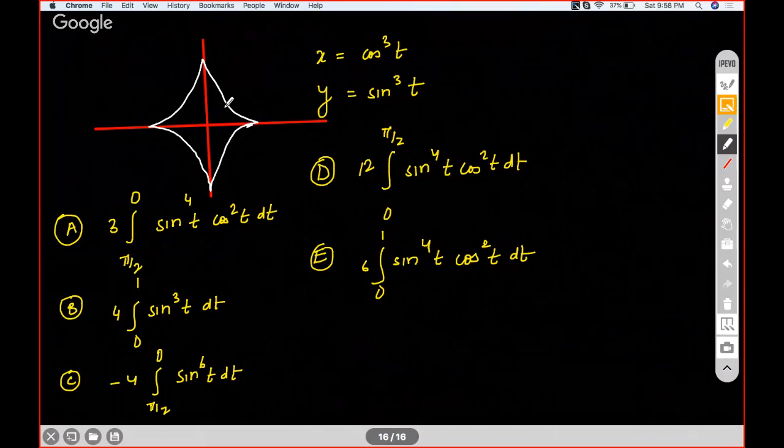Ultimately, you have to find 1 and 4 times it, right?